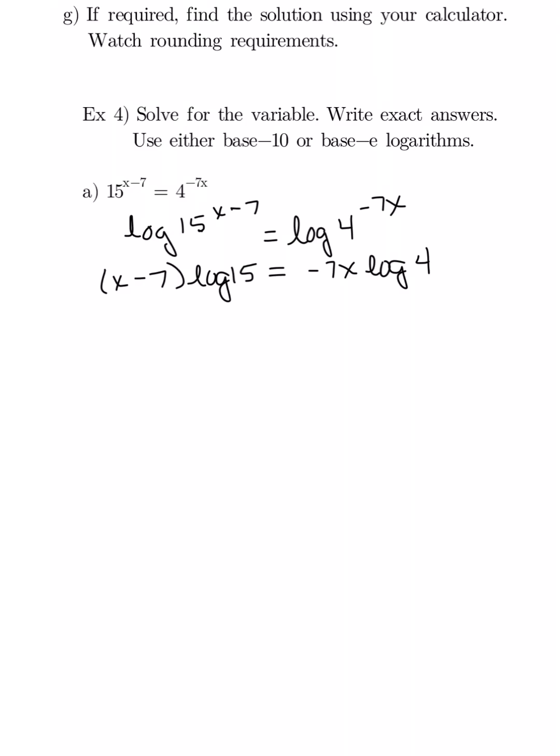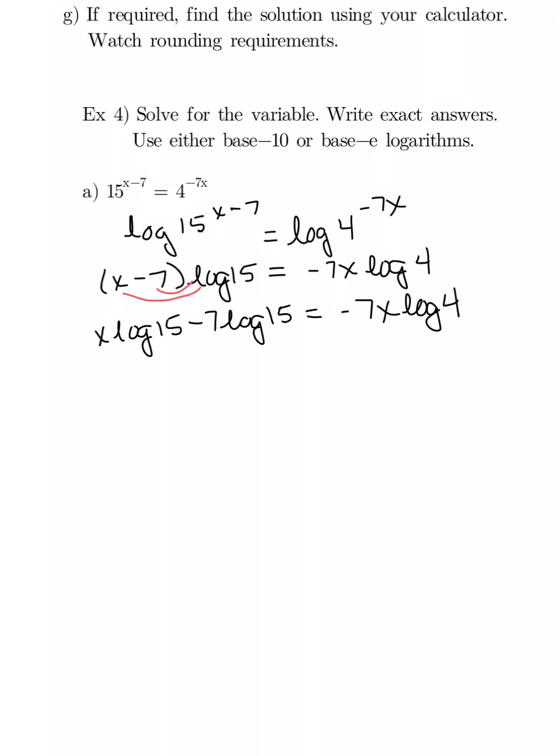On the left side, we do have distribution that needs to happen. We need to take the log of 15 times both of those terms. So we will have x times log of 15 minus 7 times log of 15 equals negative 7x log of 4.